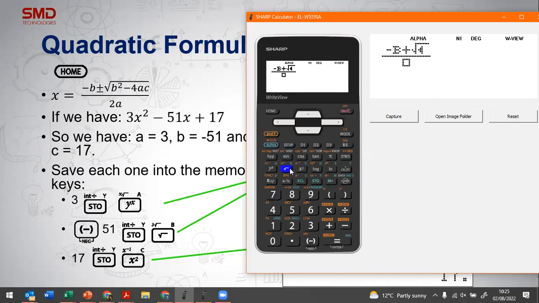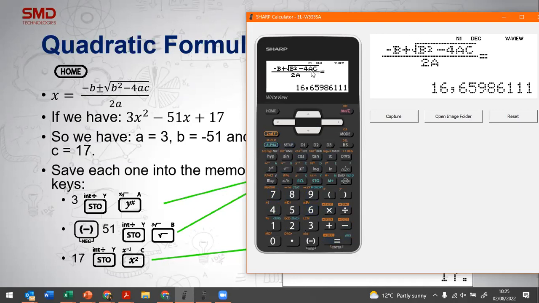So that's alpha B, and then squared, minus 4. We've got A, so alpha A, and then alpha C, over 2 alpha A. Okay, so we've got all of that. And then all we say is equals, and we've got our first solution.